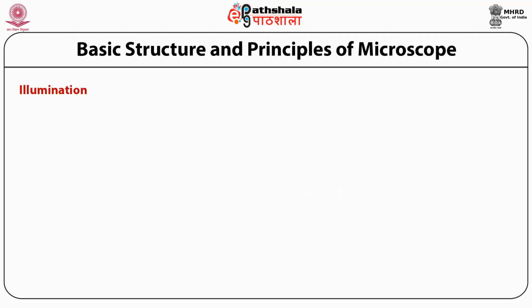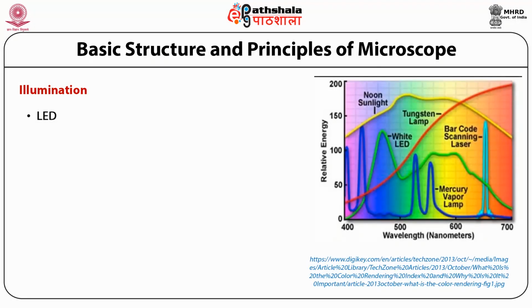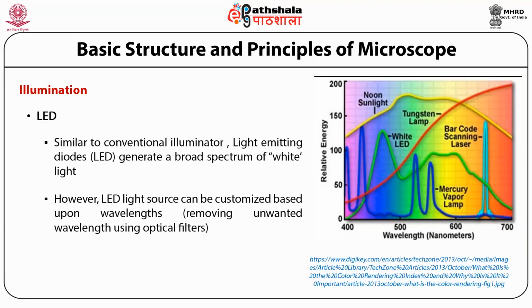The latest, recent light sources are the LED ones, which are similar to the conventional illuminator because they produce a broad range of white light. But the advantage with these is that we can provide filters which can remove specific wavelengths, whichever we want or don't want.